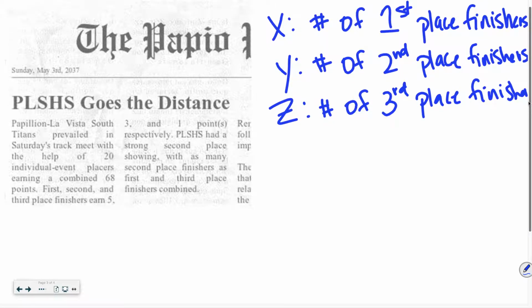Okay, so as you were going through that reading, I saw people underlining those numbers, right? We had 20 individual event placers. We had 20 placers. What do my variables represent?